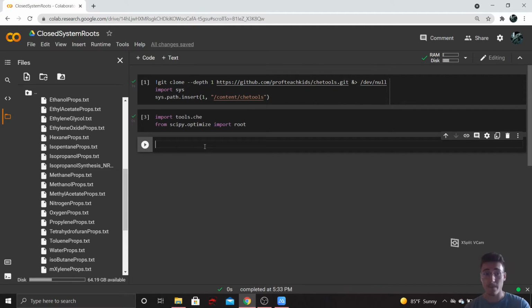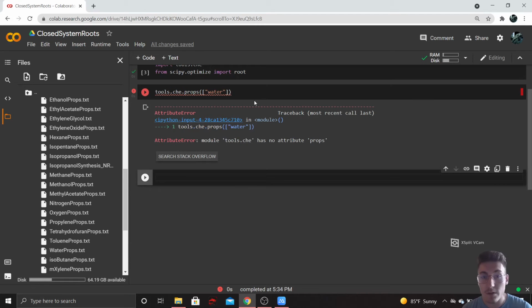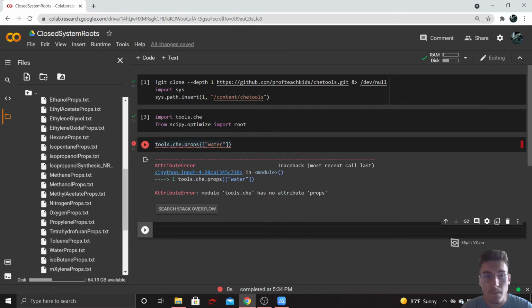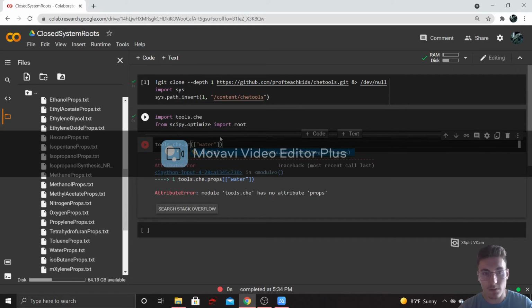So now we're going to want to take the content from the water properties. So if we do tools.che.props, and then I want to pass in water. So now, okay, again, we'll figure this out.